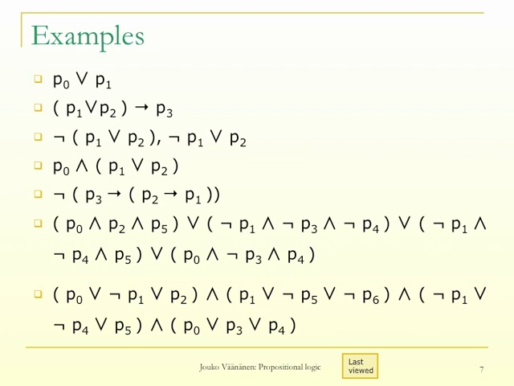This type of conjunctions, again possibly quite long, are typical in industrial applications, just as the above disjunctions. An example could be a safety condition for a train to keep moving. There are a number of conditions, each one of which has to be satisfied for the train to be allowed to keep moving.